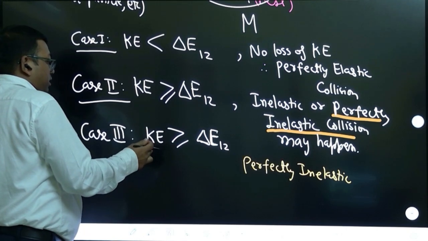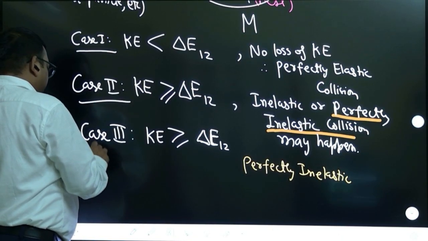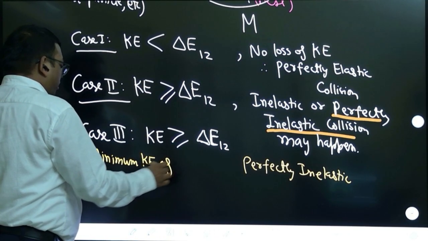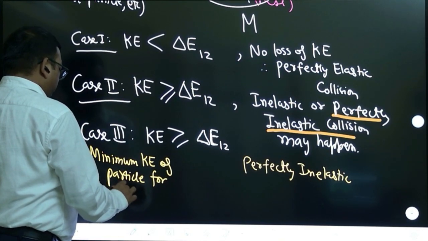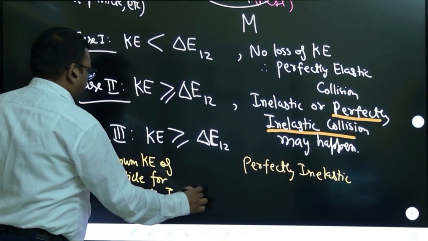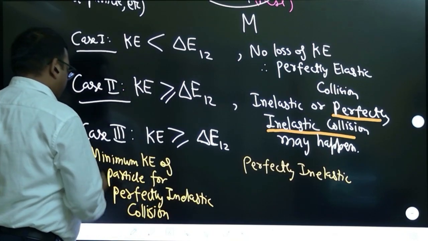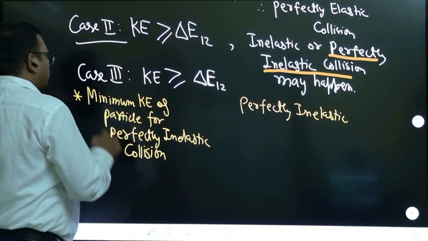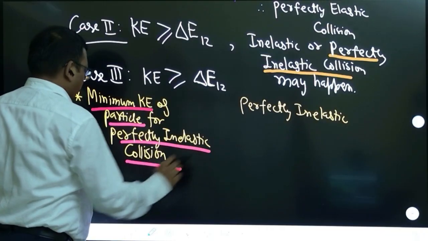That means the same case we are studying, but we will calculate now. This is case 3, where we want to calculate the minimum kinetic energy of the particle for perfectly inelastic collision.